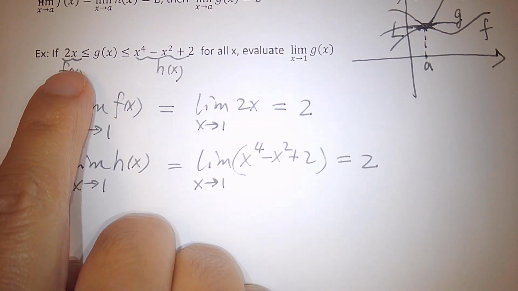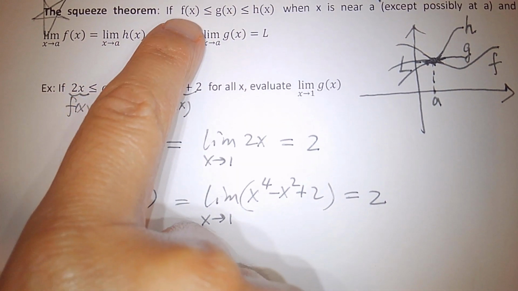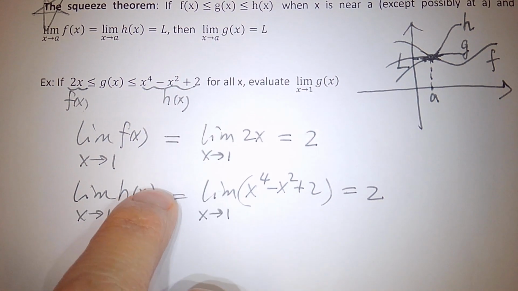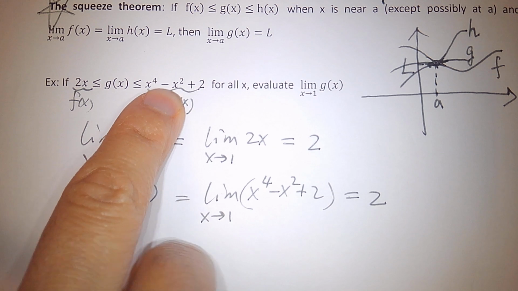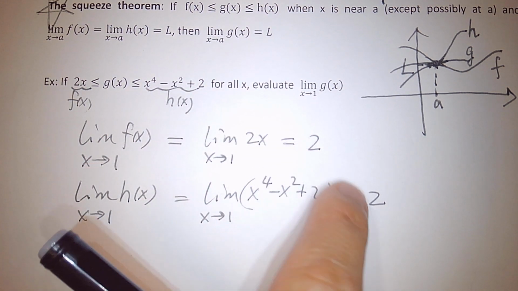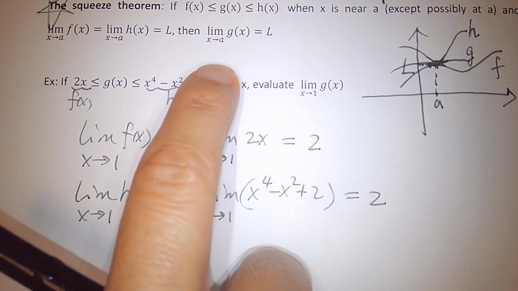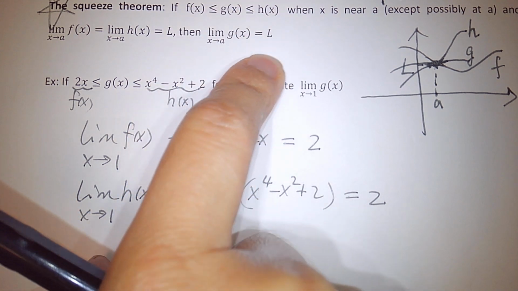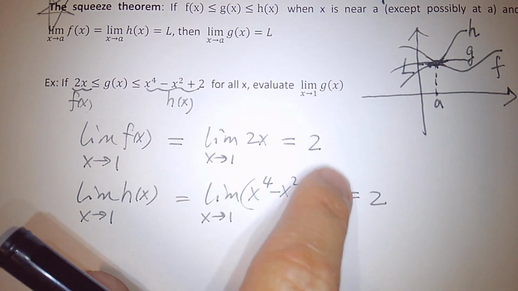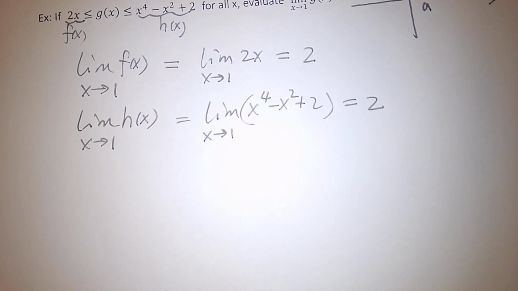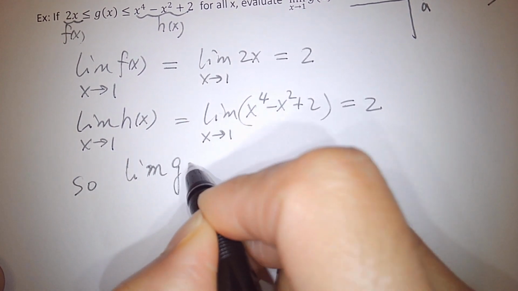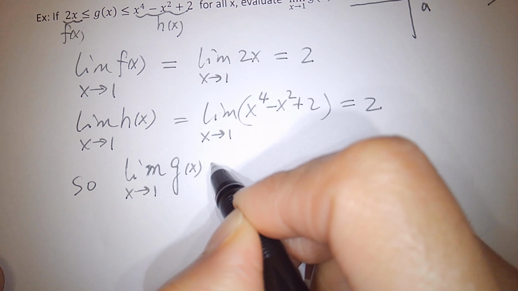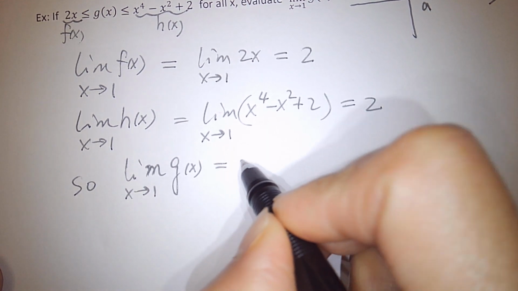These three functions satisfy this. Also, we know the limits of these two outer functions all exist and equal the same value, true. How about the limit of the middle function? It should be true as well. So the limit of g of x when x approaches 1 must equal what? 2.